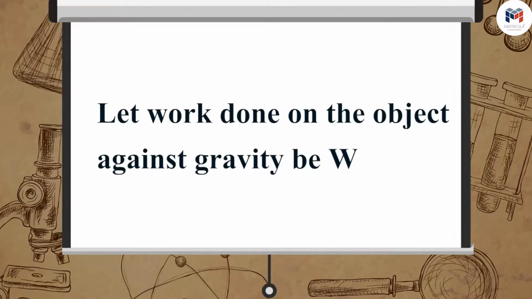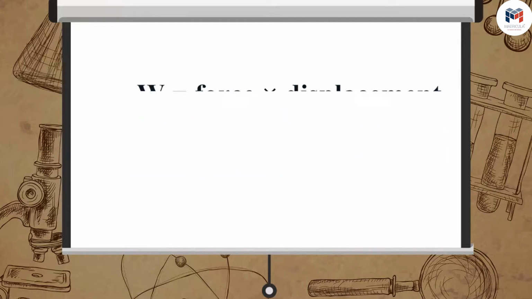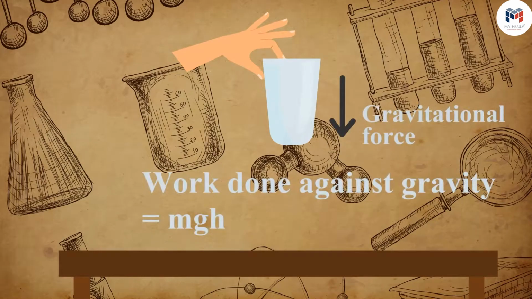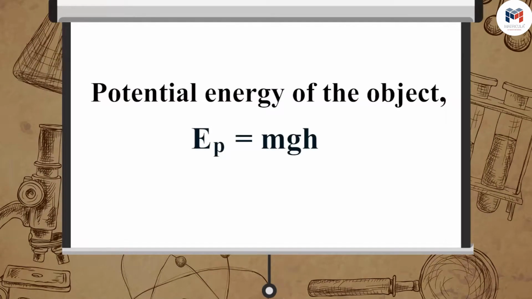Let work done on the object against gravity be W. W is equal to force multiplied by displacement, which is equal to mg multiplied by h, which is equal to mgh. As the work done on the object against gravity is mgh, so the energy gained by the object is mgh, which is the potential energy of the object. Therefore, potential energy of the object EP is equal to mgh.